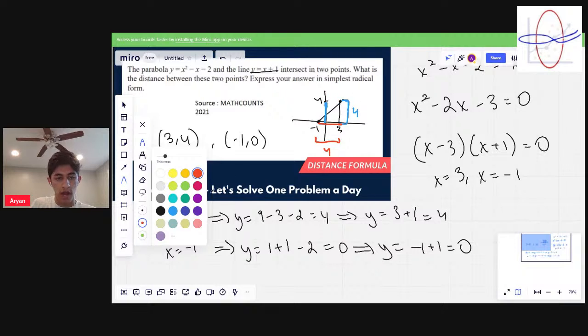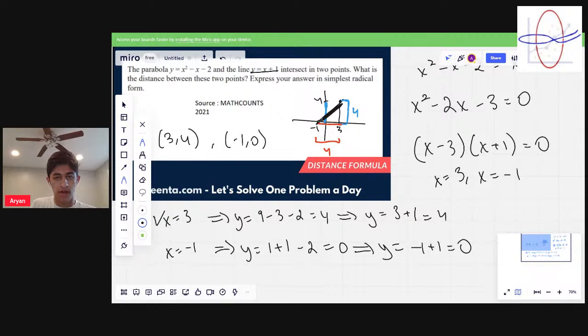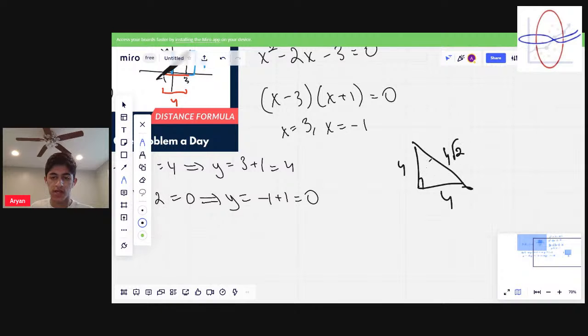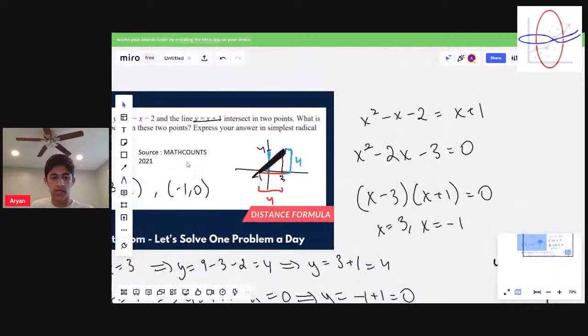And so the distance we're trying to find is just the hypotenuse of a right triangle that has legs of length 4 and 4. We know that's just 4 root 2, because this is a 45, 45, 90 triangle. So our answer is 4 root 2.